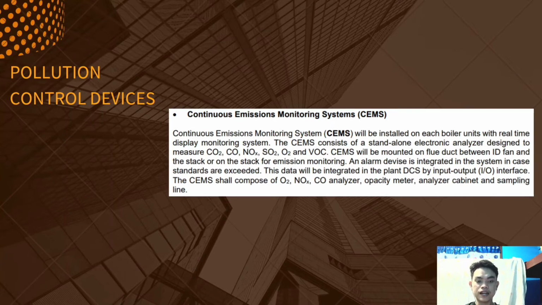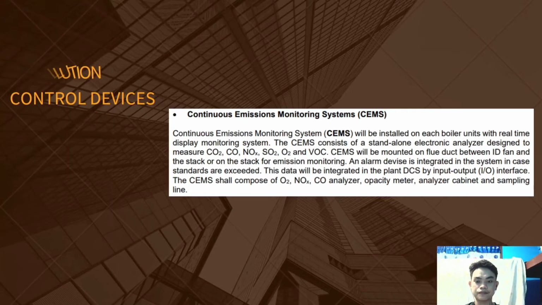An alarm device is integrated in the system in case standards are exceeded. This data will be integrated in the plant DCS by input-output interface. The CEMS shall be composed of O2, NOx, CO analyzer, opacity meter, analyzer cabinet, and sampling line.